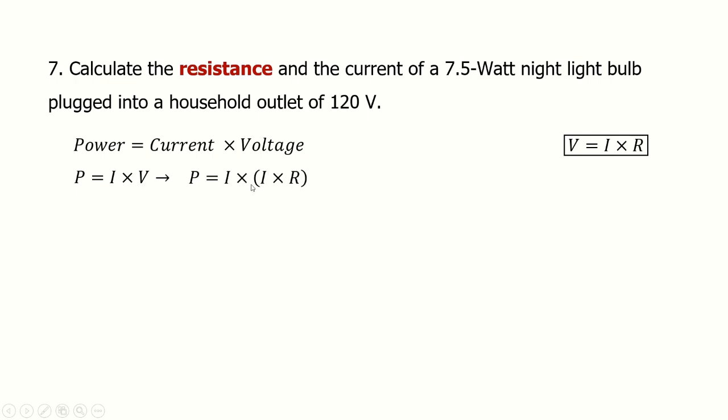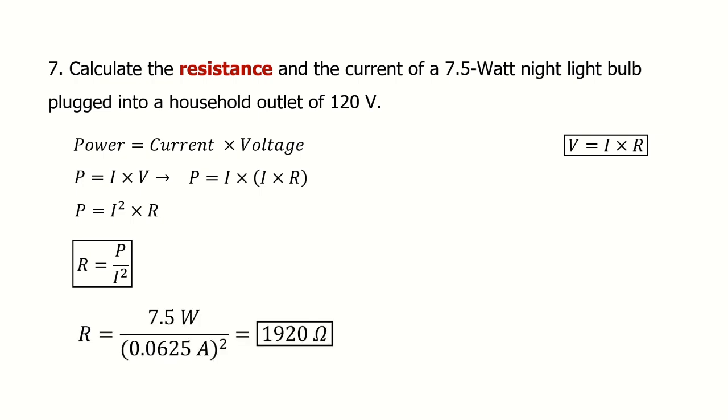So we now have two I's, I squared times R. And then divide both sides by I squared to get an equation for R. This is our formula, P over I squared. So that's going to be 7.5 watts divided by our current of 0.0625. Let's square that, and we have a resistance of 1920 ohms.